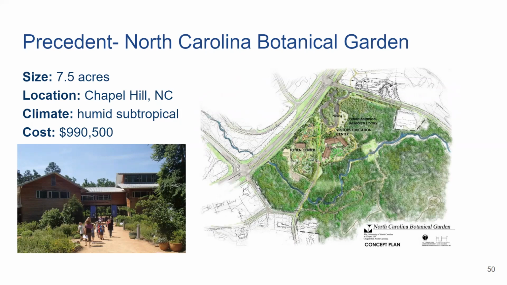It's a larger site than ours, but it's also publicly funded. And I really liked their open program elements, so nothing is set in stone. It's really fluid and flexible, which I thought was really important for Warren County because it's a civic square, and I didn't want it to be so strict with what could happen there. Just keep it really flexible.